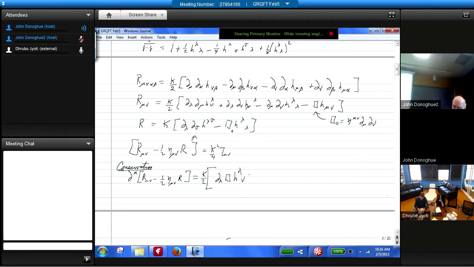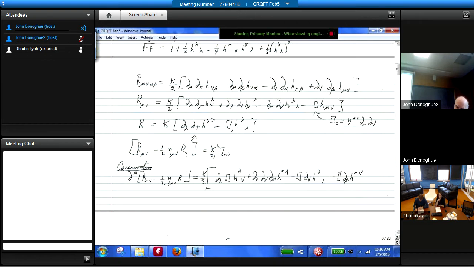The next one is ∂_λ ∂_ν ∂_μ h^{μλ}, so there are 2 derivatives, both acting on that. Last one is another box. Next one is another box ∂_ν h^λ_λ, and then this is minus box ∂^μ h_{μν}. Okay, I'm floating my indices up and down. Sorry.